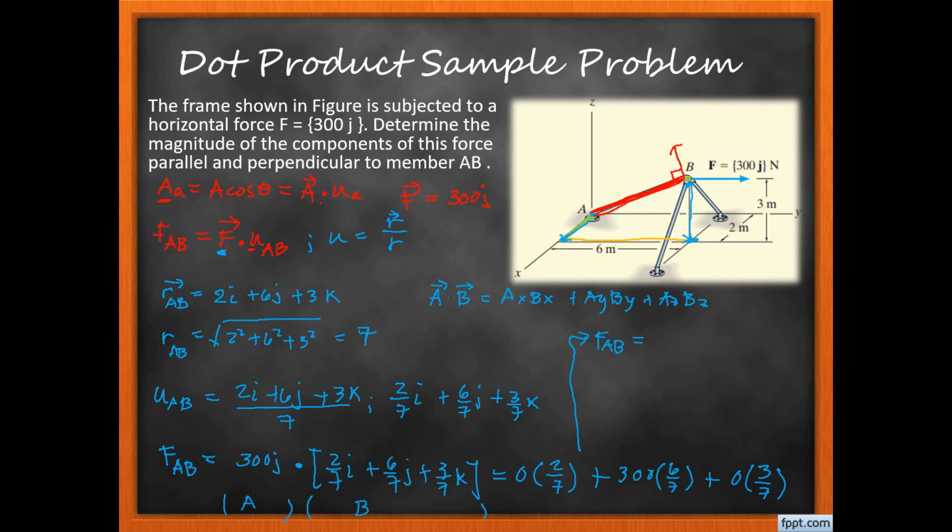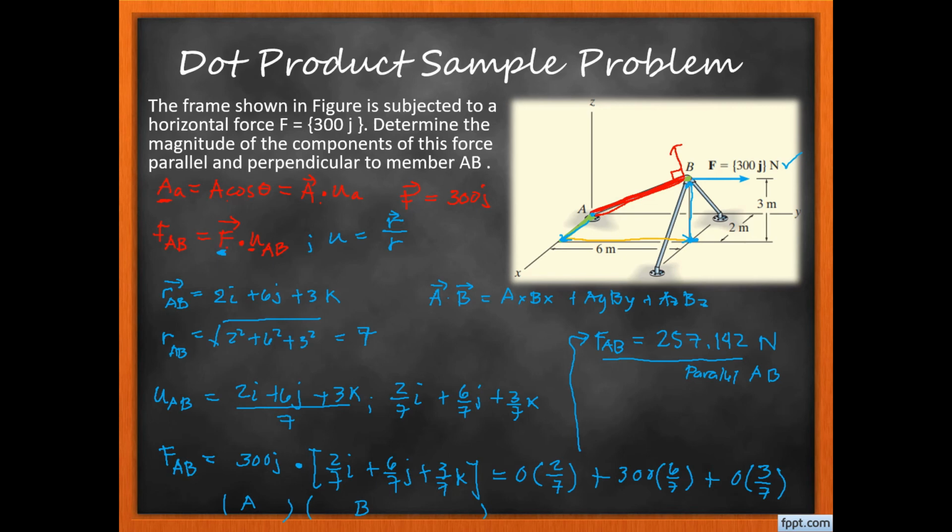So yung magnitude pala ng ating force parallel dun sa ating member AB is equals to 257.142 Newton, kasi Newton yung unit natin. Okay, so ito yung force parallel to AB.